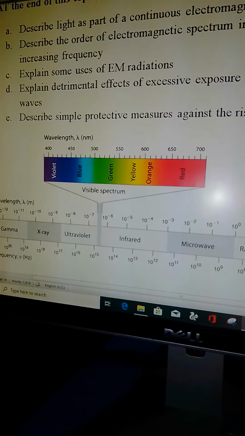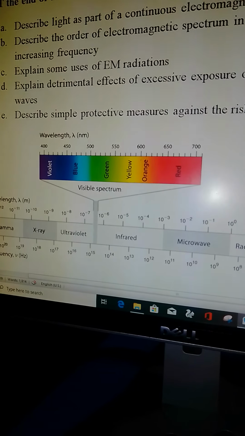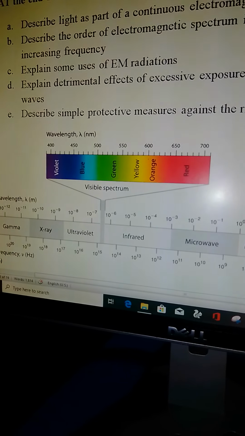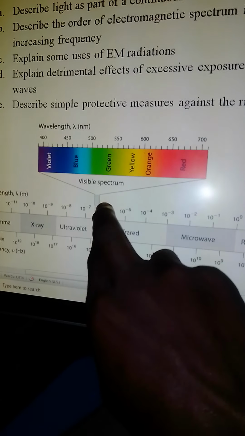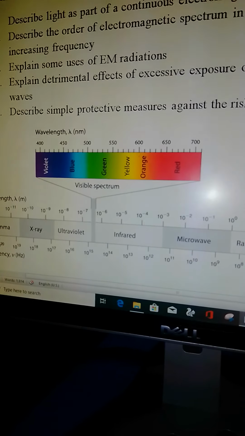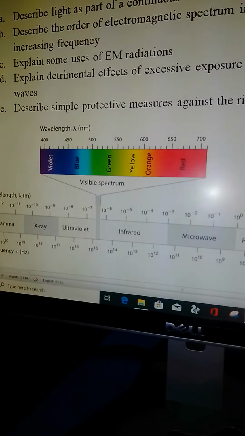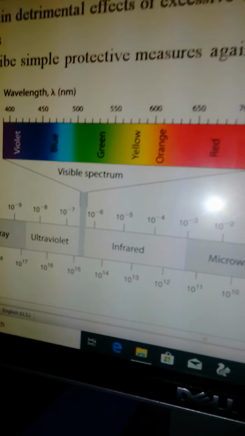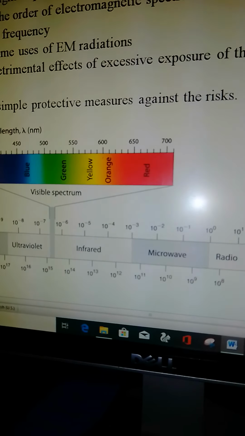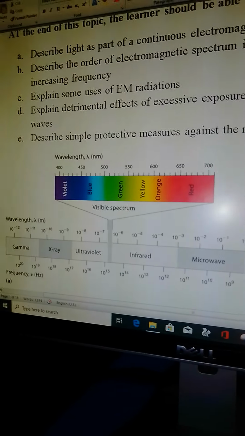But the visible light, which we can see, is just here, and it's also a spectrum of violet, blue, green, yellow, orange, and red.